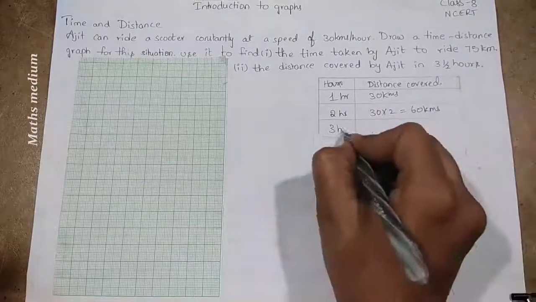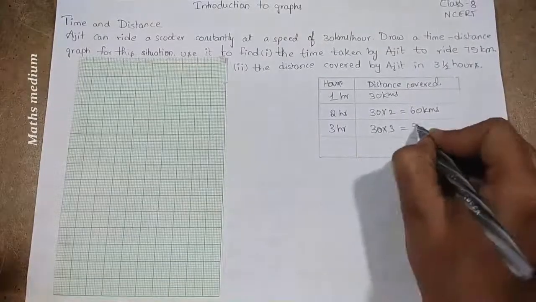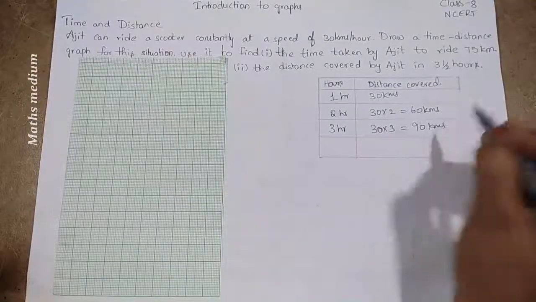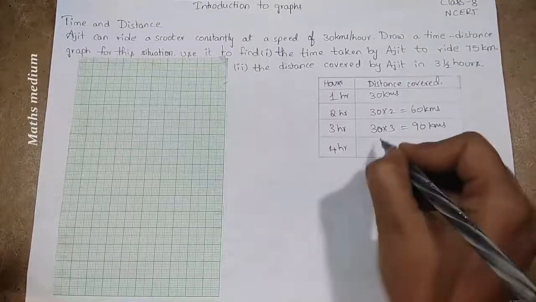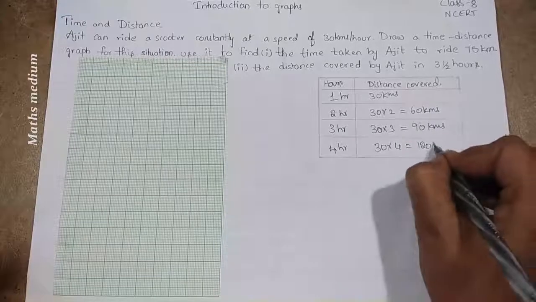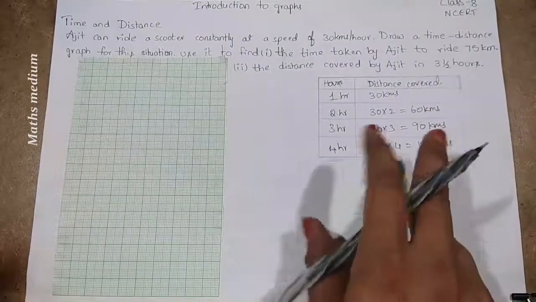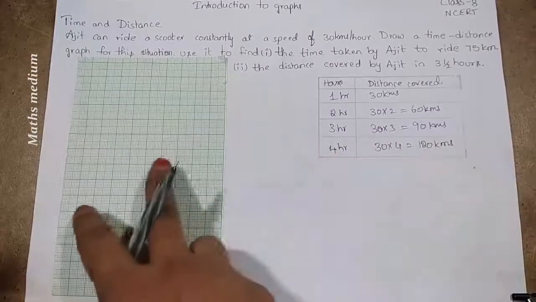For 3 hours, 30 into 3, 90 kilometers. For 4 hours, he can do 30 into 4, 120 kilometers. So here we took only general time and distance. So by using these two, we have to draw the graph.